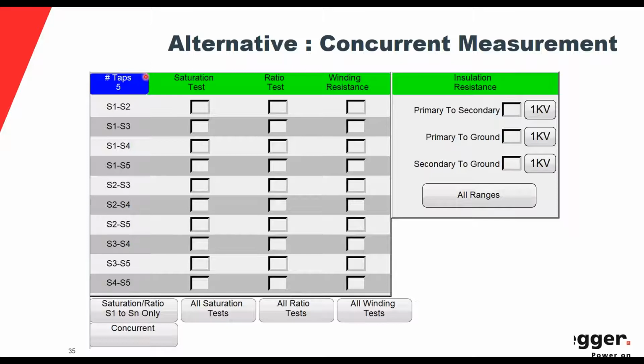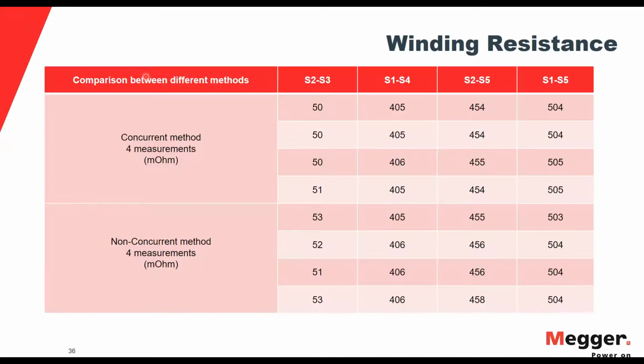And this is a comparison between the two different methods: the concurrent method, where we do everything simultaneously, and the non-concurrent method. For example, for the winding resistance, the values are very similar to each other, with very minimal difference between the non-concurrent and the concurrent method.